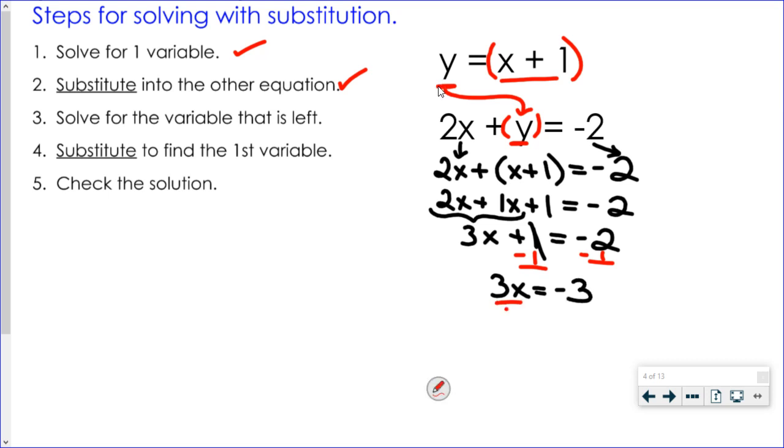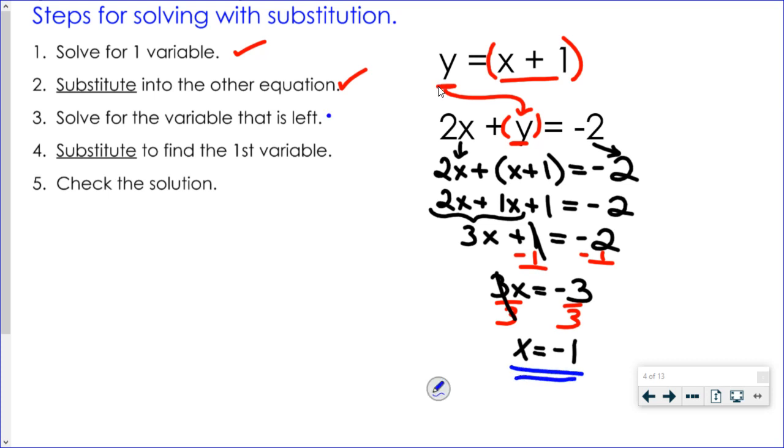Now you see why you might need your calculator. And do you see here, x equals -1? That is step 3, solve for the variable. Okay, so here's half of my answer.